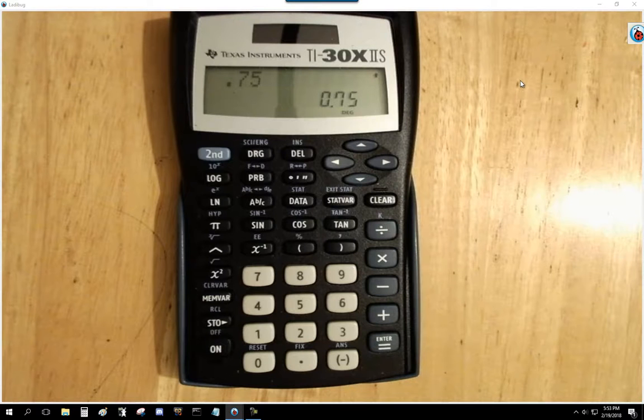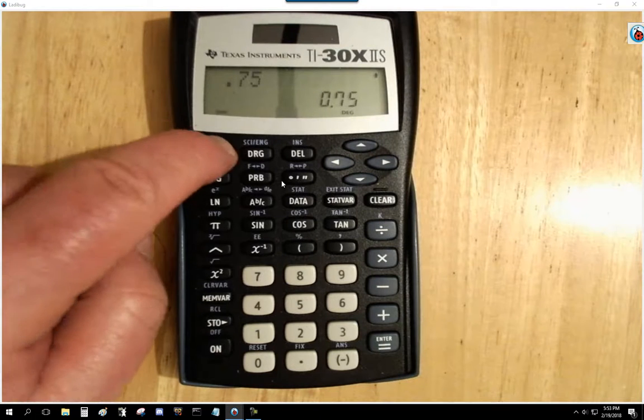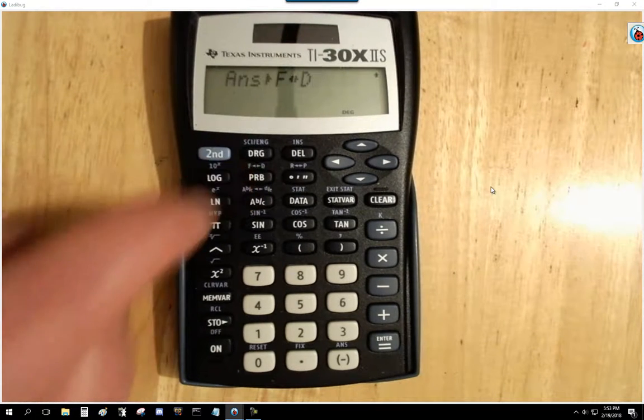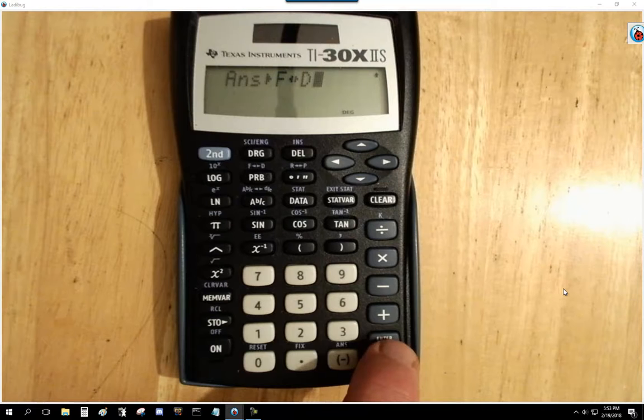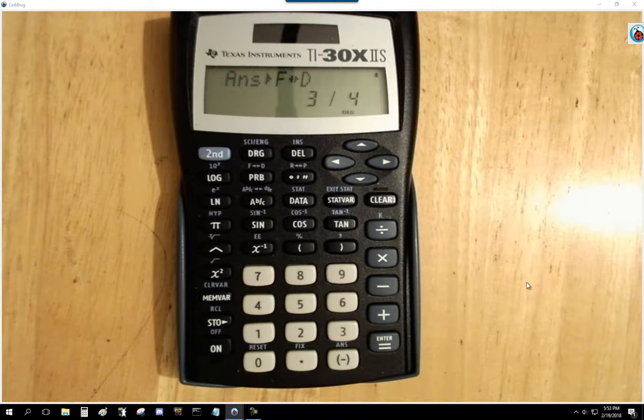So to convert that to a fraction, I'll use the fraction to decimal, decimal to fraction button. I'll hit second and then the PRB. It shows answer, fraction to decimal, decimal to fraction. Now I'm going to press the equals button. And sure enough, there's the 3/4 that I knew it was. So that's how to convert a decimal to a fraction.